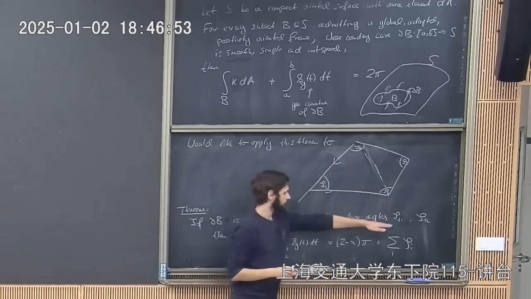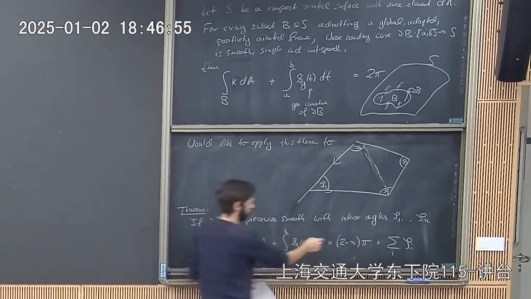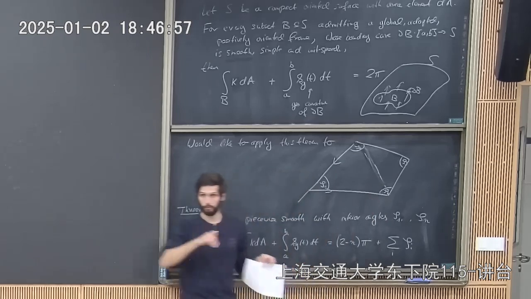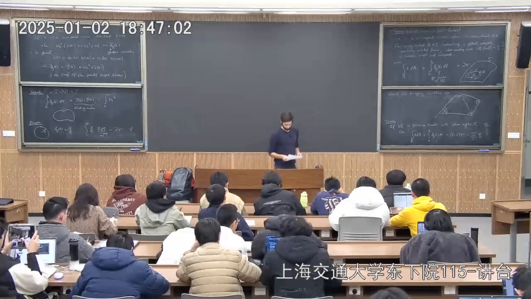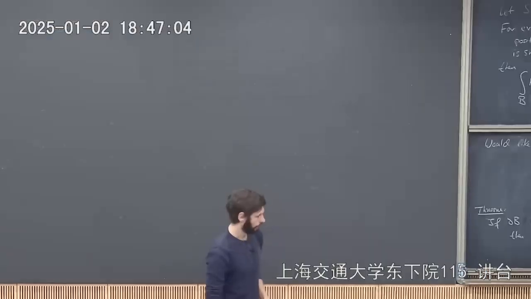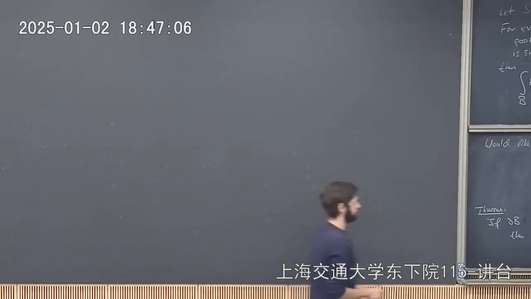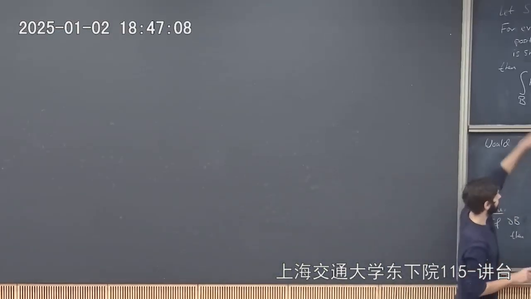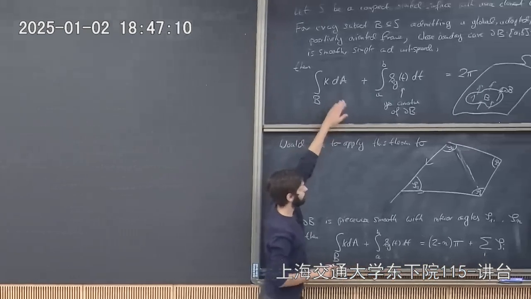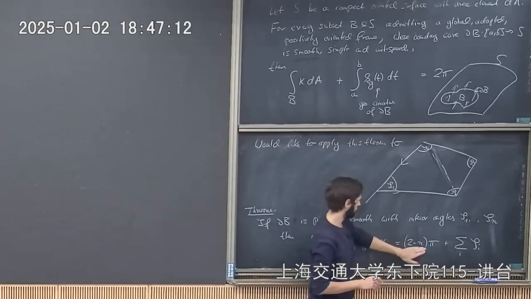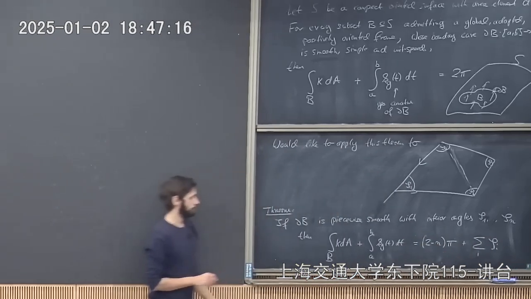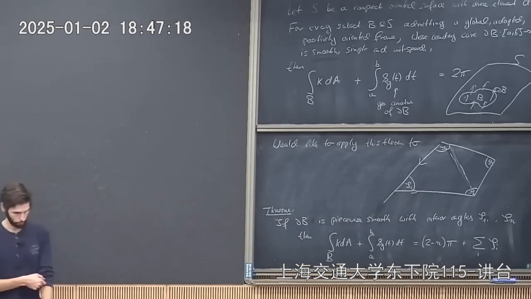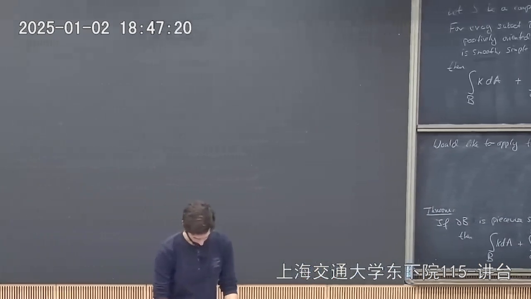Those are the interior angles, and n is the number of jumps or places where your curve is not smooth. So you get some modification of this formula. You get the formula back if you set n equal to 0, because then this term vanishes and this term vanishes.